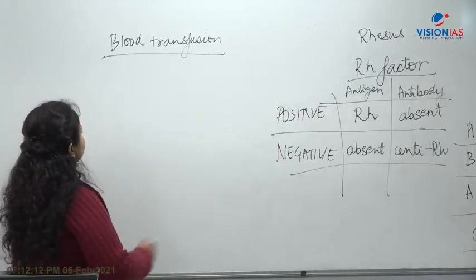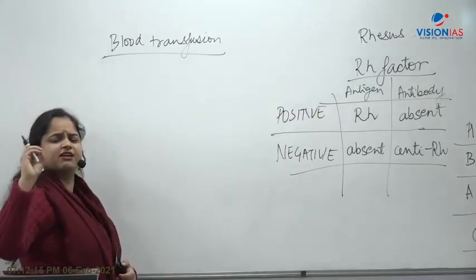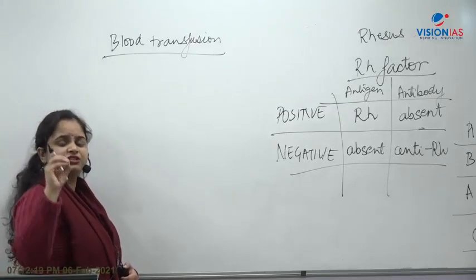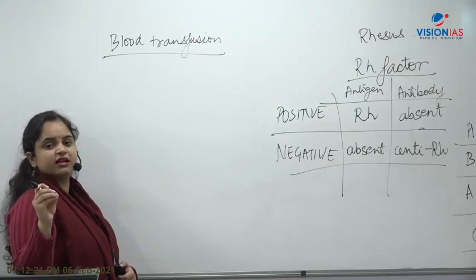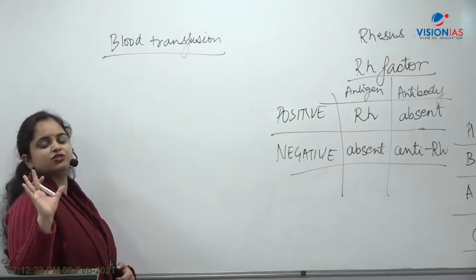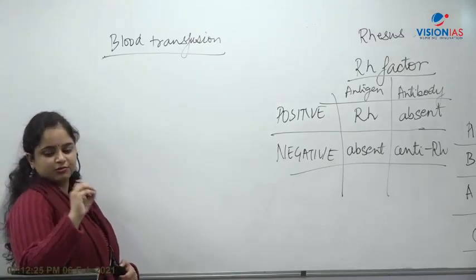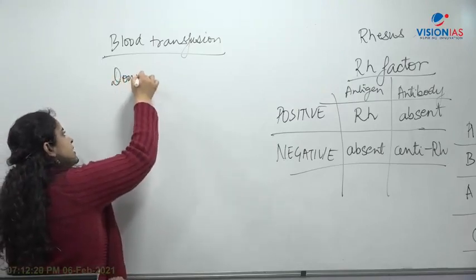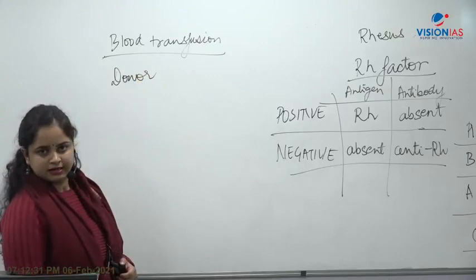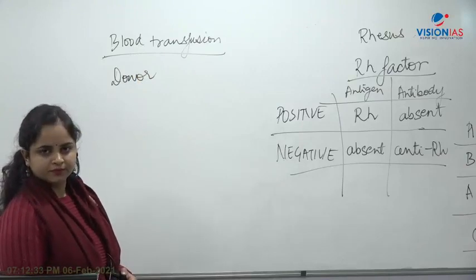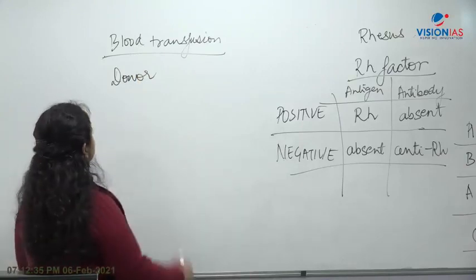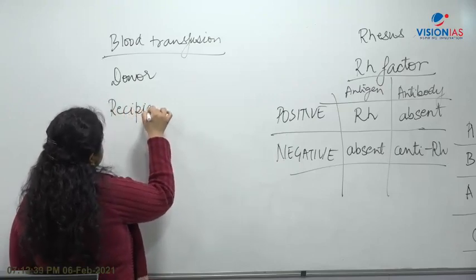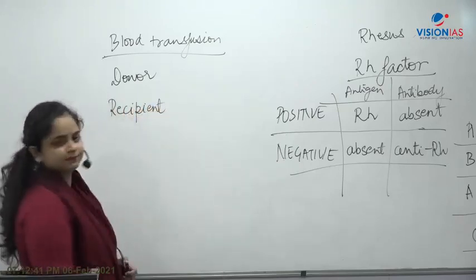Have a look here. I'm going to tell you a very simplified logic, if you can just remember that and focus on that, you will never get any question of blood grouping wrong. Just remember this. The person who gives blood is called the donor, and the person who receives blood is called the recipient.